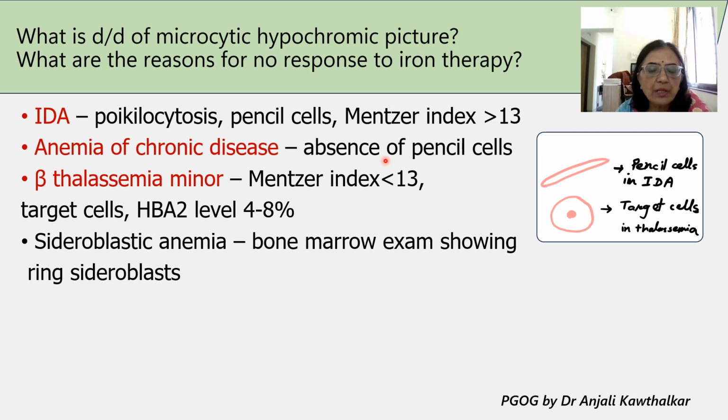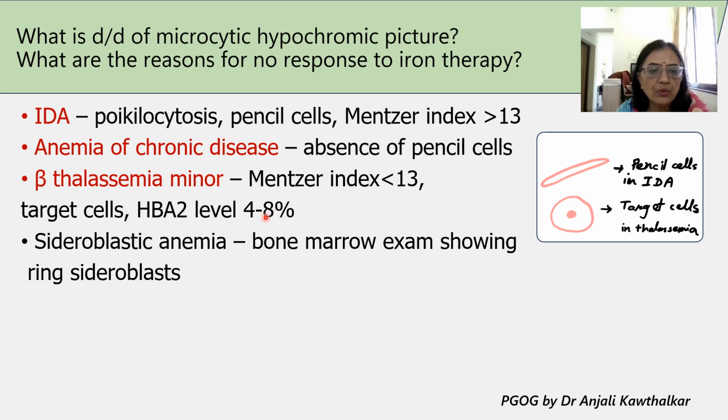In anemia of chronic disease, there will be absence of pencil cells, and we have to search for the presence of chronic disease or chronic infection or inflammation in the patient. In beta thalassemia minor, the Mentzer index is less than 13, and there are target cells which are present like this. Whenever we do hemoglobin electrophoresis or high performance liquid chromatography, the HbA2 level will be observed, and if it is between 4 to 8%, it is suggestive of thalassemia minor.